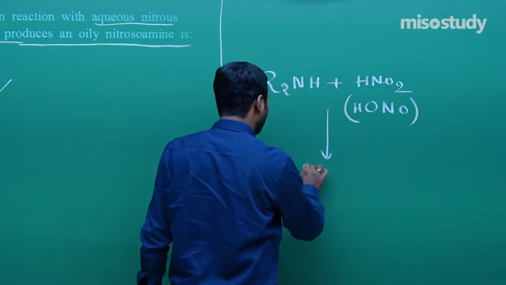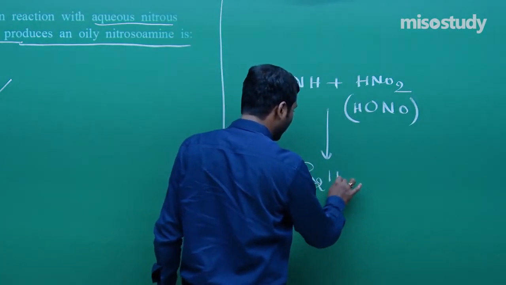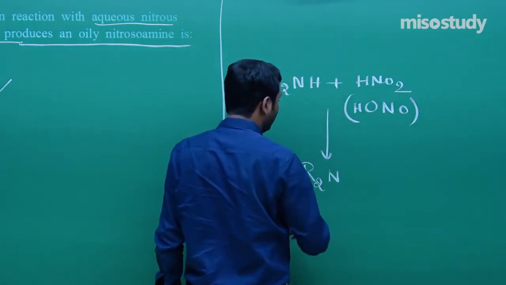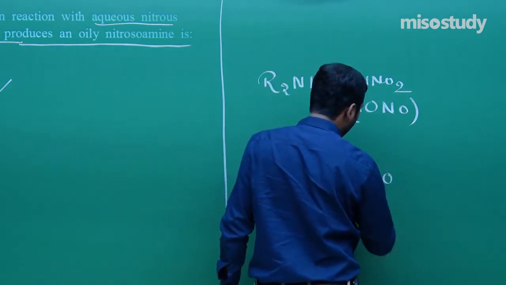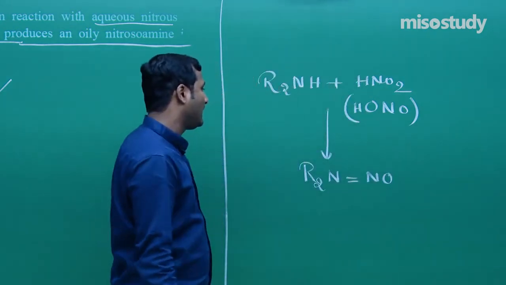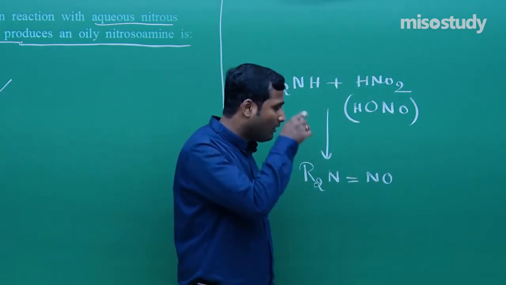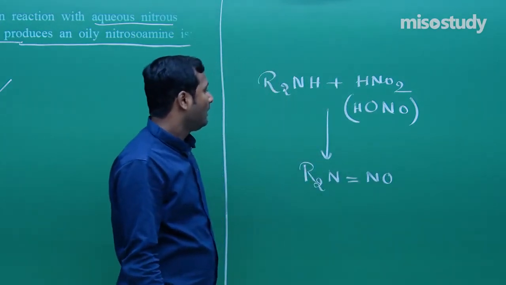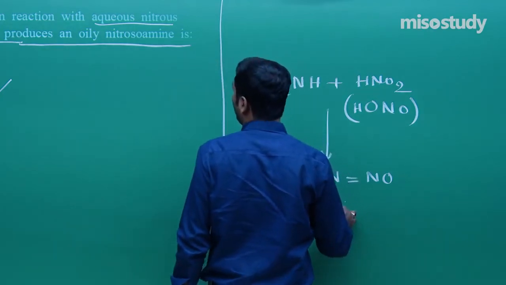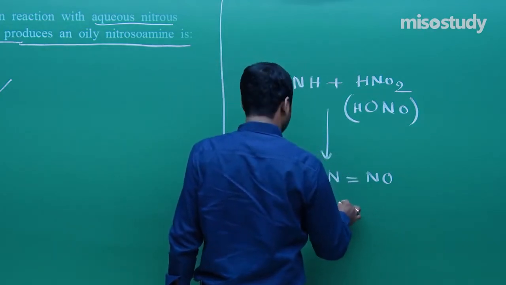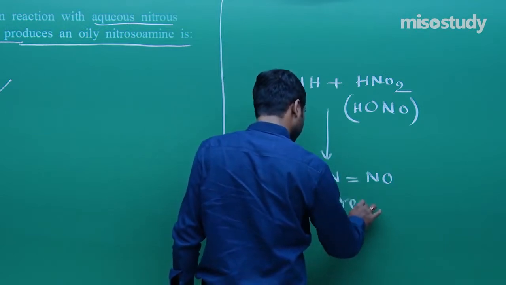Then what will happen? It gives you R2N=NO. Clear what I am telling? R2N=NO, and this, as we know, is the yellow oil.